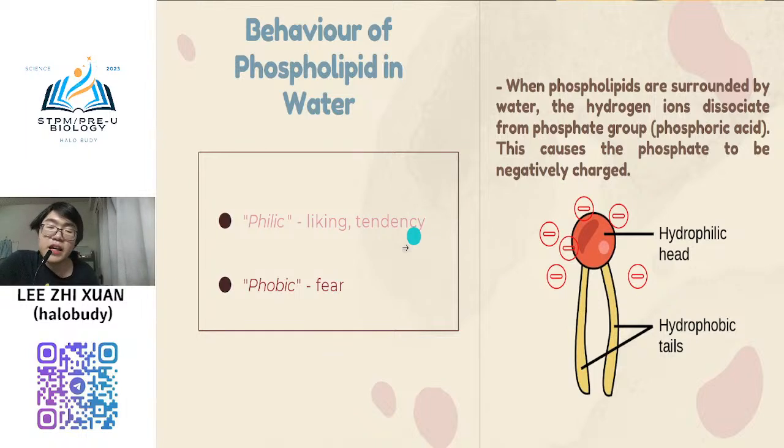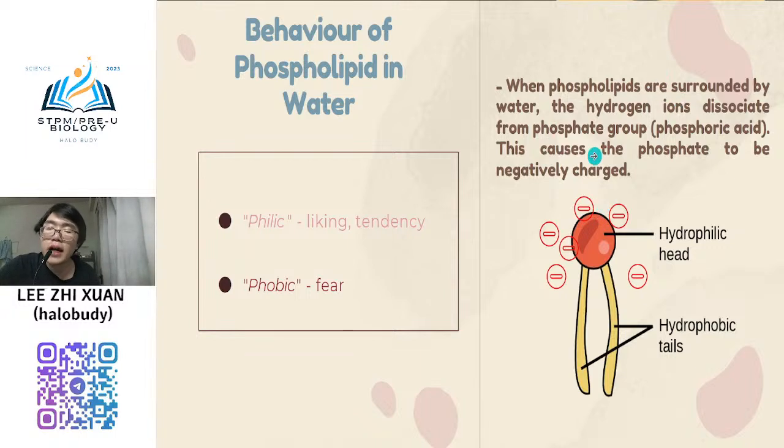If you see the behavior of the phospholipid in water, as I mentioned before, they are both philic and phobic. So you can say that the phospholipid is partially soluble in water. They are not totally soluble, but partially soluble.